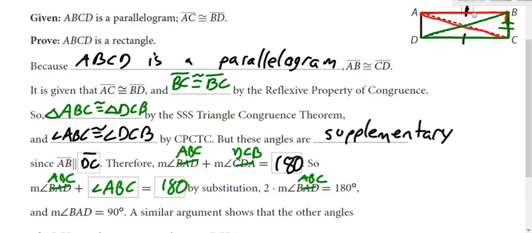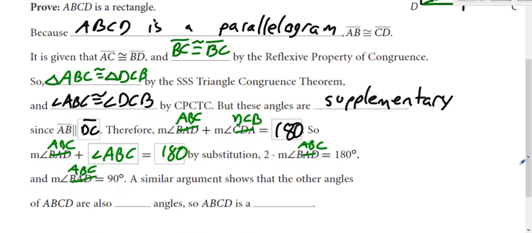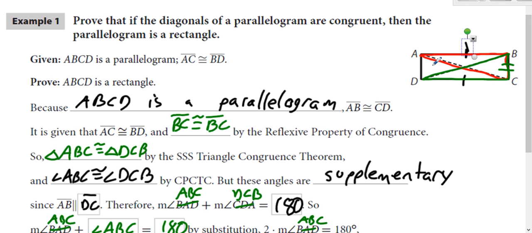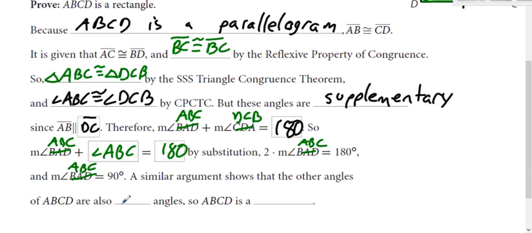If I would have drawn the triangles the other way, it would have worked with the letters that they have written here. So if 2 times an angle equals 180, that means that angle equals 90. So it's a right angle. And if we would have switched that around and drawn the triangles the other way, we could have shown that the other angles are also right angles. So if they're all right angles, then it must be a rectangle.